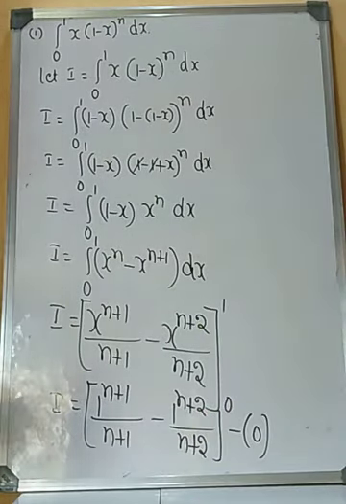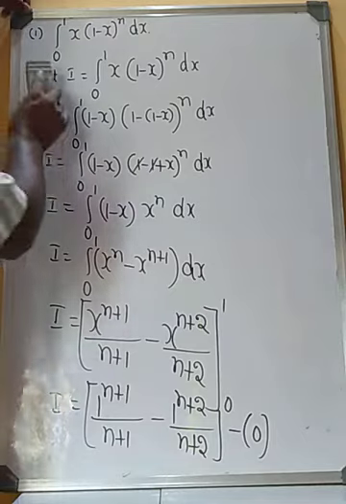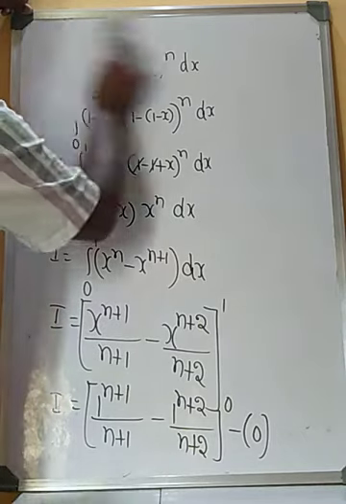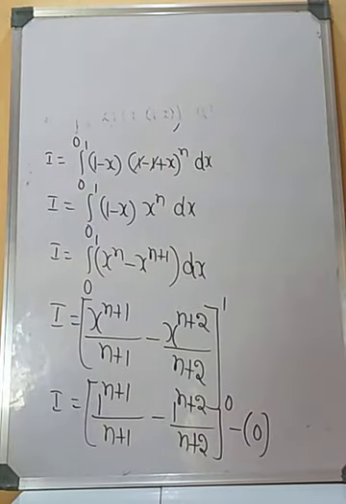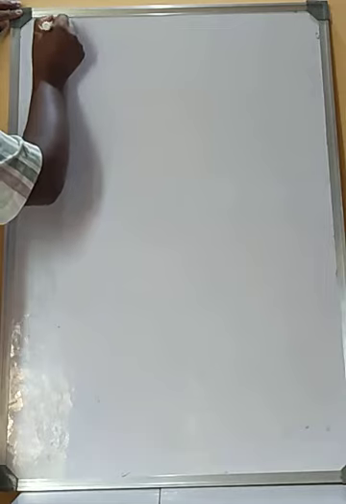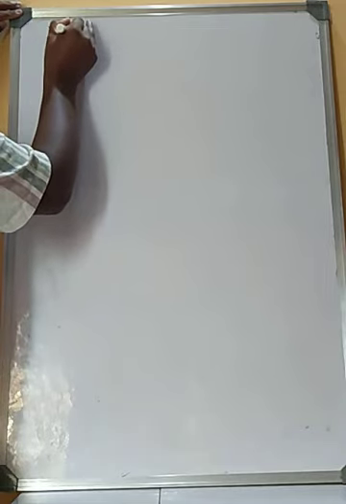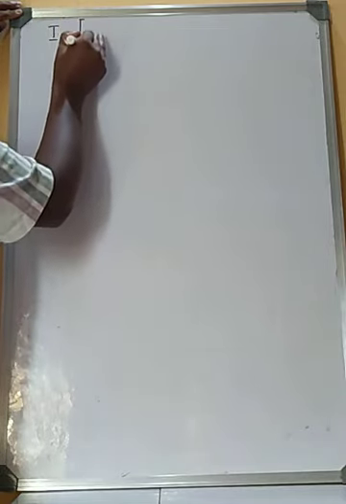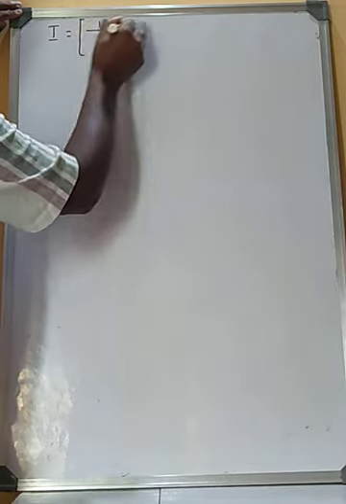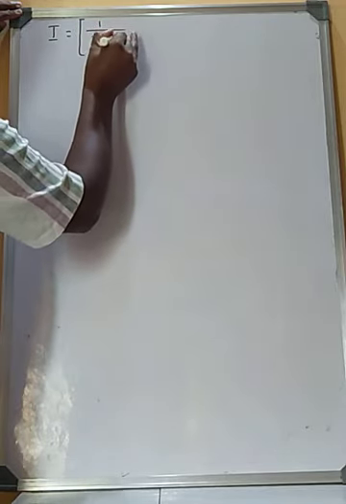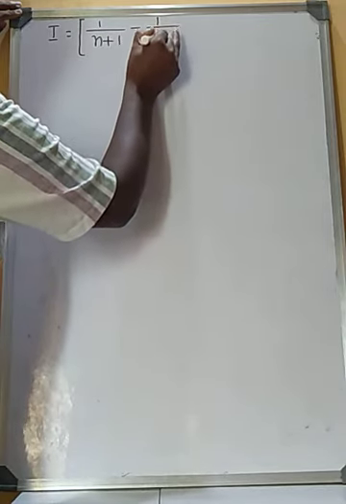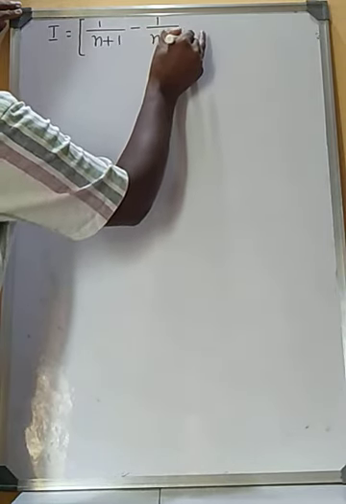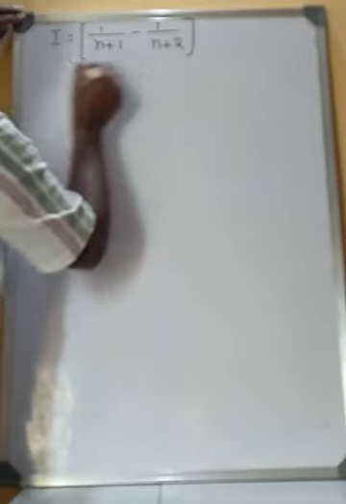So I equals 1 divided by n plus 1 minus 1 divided by n plus 2.